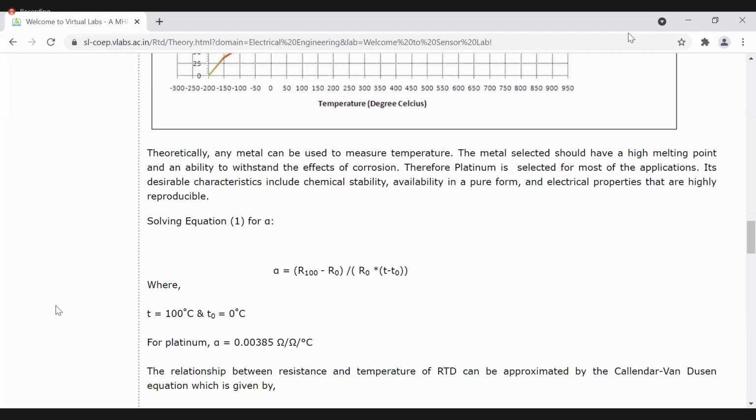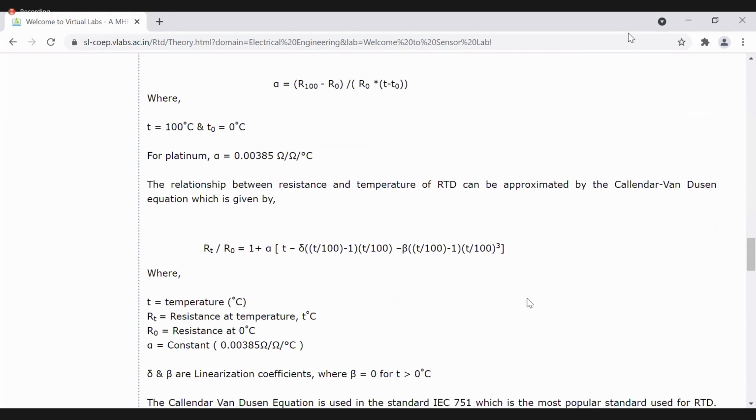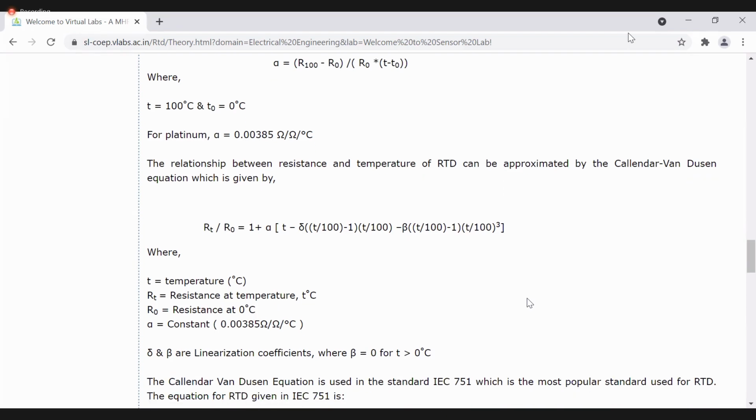Okay, what are the units for alpha? Sir, ohm per degree Celsius. So it will be degree Celsius inverse, no, sir? Yes, because it is in the denominator, we can say units like this.